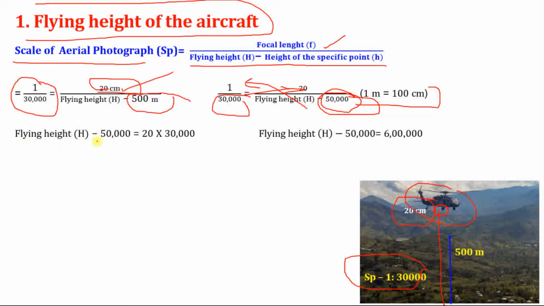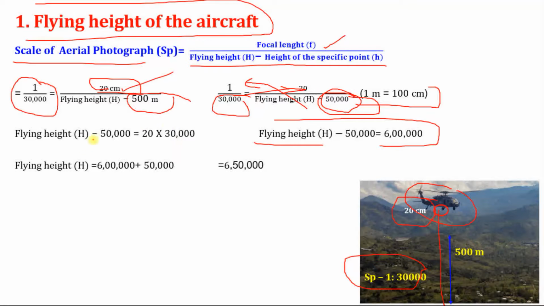Now flying height H minus 50,000 is equal to 20 into 30,000, that is 6 lakh. So flying height is 6 lakh plus 50,000, because when we shift 50,000 to the other side, its sign changes from minus to plus. These are the rules of mathematics.